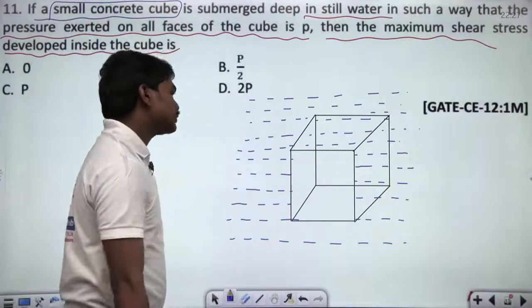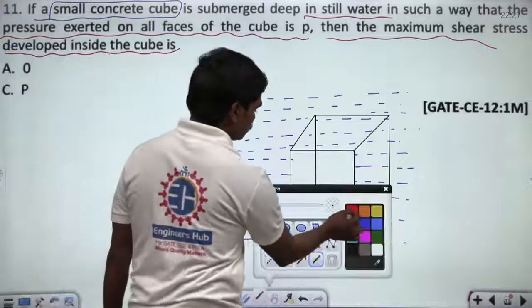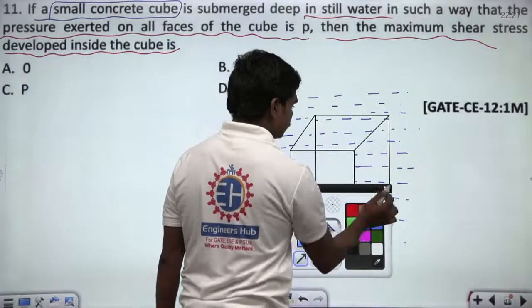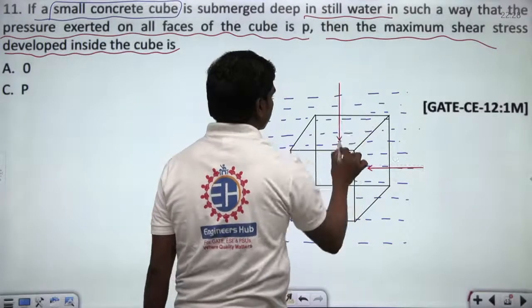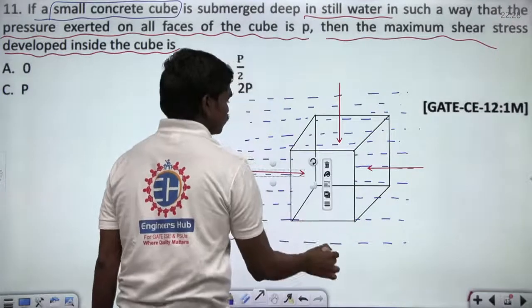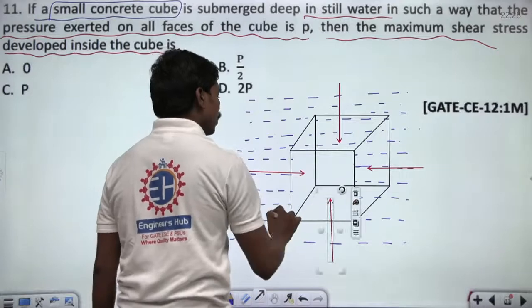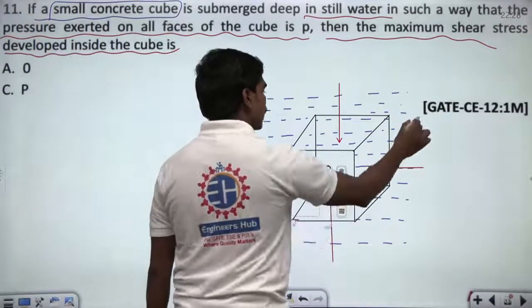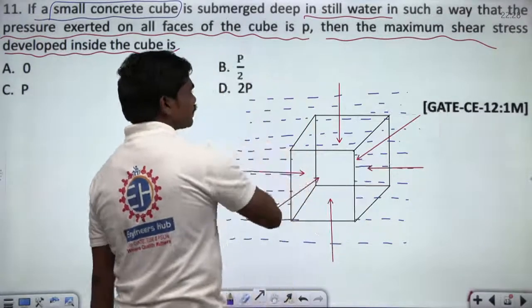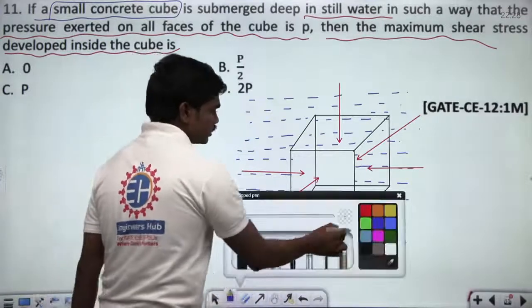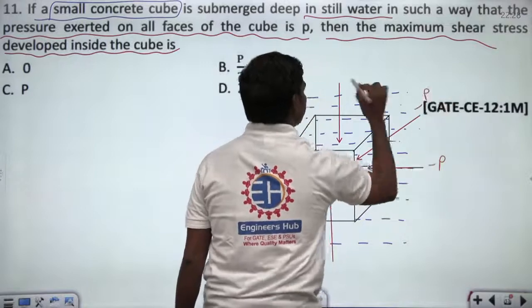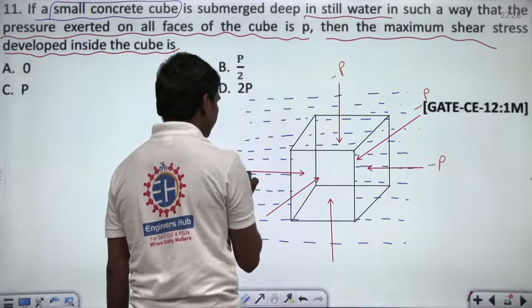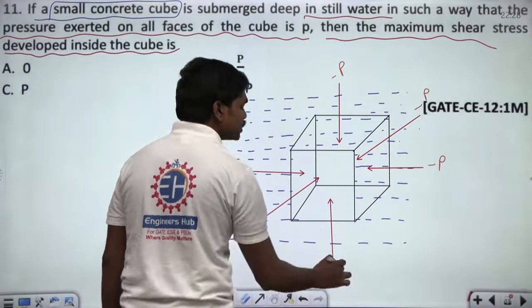So you can identify clearly the pressure on this face, similarly on this face, this face, this face, and also on the two perpendicular faces, this face and the back face. All these values are minus P.